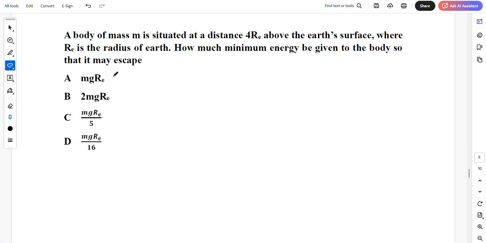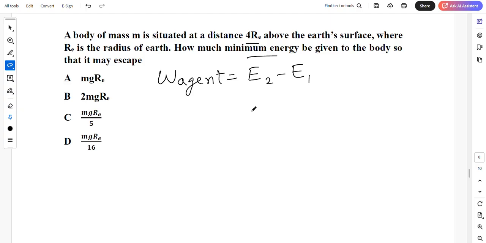It is saying a body of mass m is situated at a distance 4 Re above the earth's surface, where Re is the radius of the earth. How much minimum energy must be given? Now this is nothing but the work done by the agent. Work done by the agent is equal to the change in total energy, that is E2 minus E1, the mechanical energy.